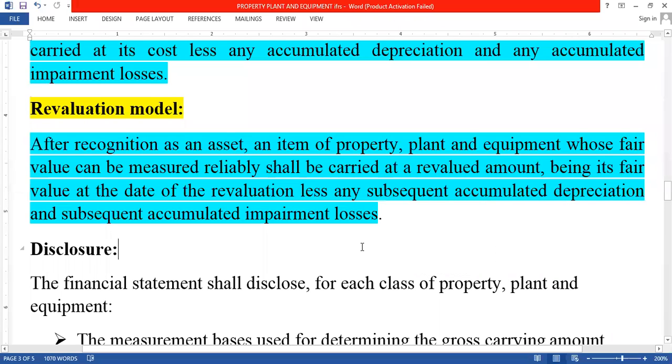What is meant by the revaluation model? After recognition of an asset, an item of property, plant and equipment whose fair value can be measured reliably shall be carried at a revalued amount, being its fair value at the date of revaluation less any subsequent accumulated depreciation and subsequent accumulated impairment loss.